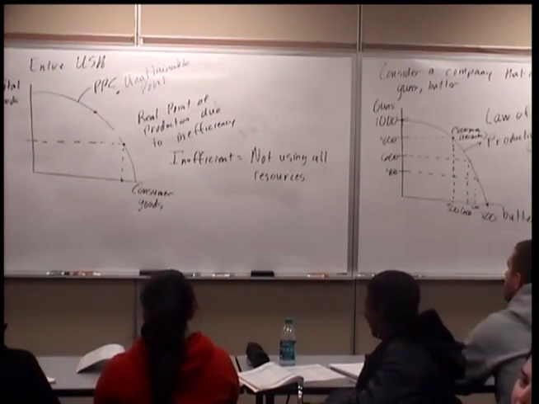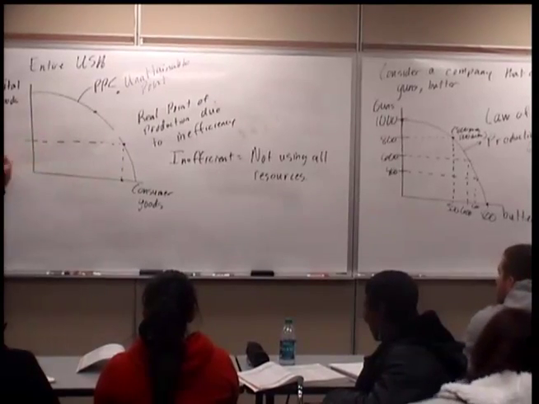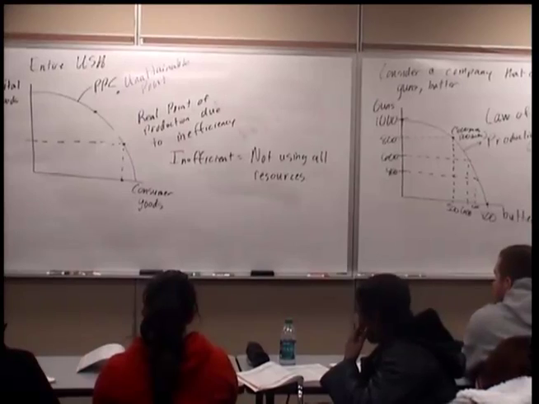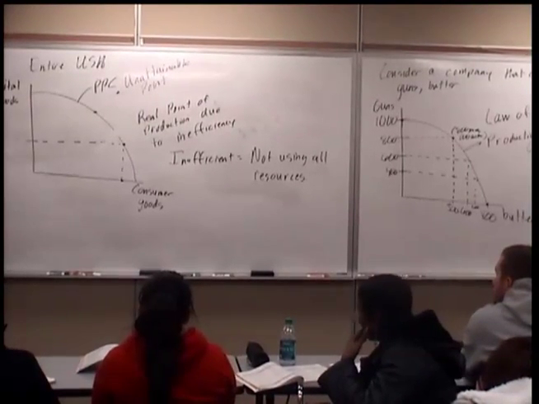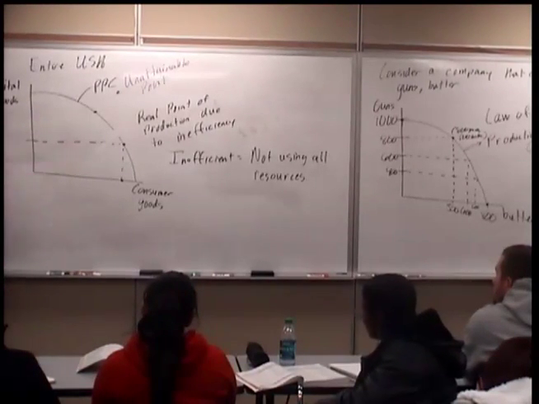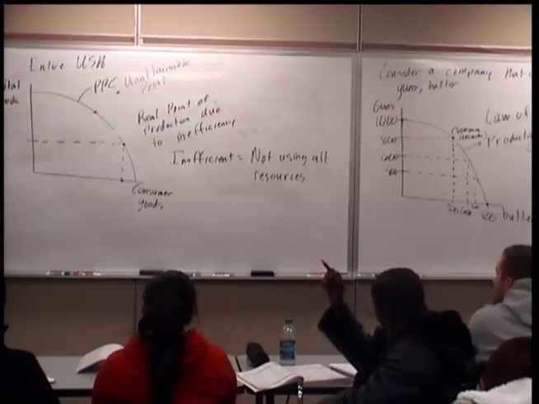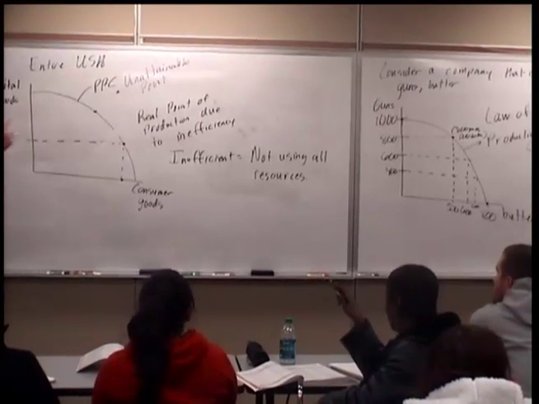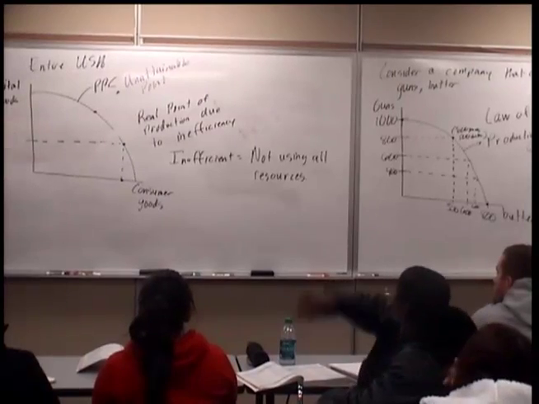Okay, so one last thing about these production possibilities curves. When you, as a country, focus more on capital goods, on growth in the future, how would we represent the growth in this picture? If we had more capital resources, what would happen to our graph when we had more resources? Bigger, exactly. It shifts out.